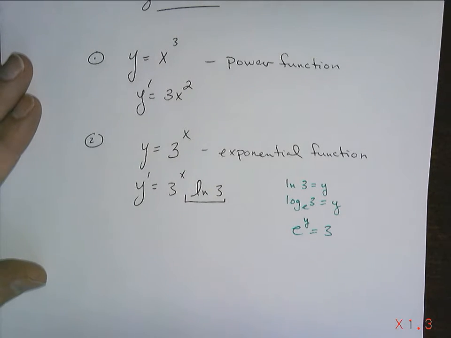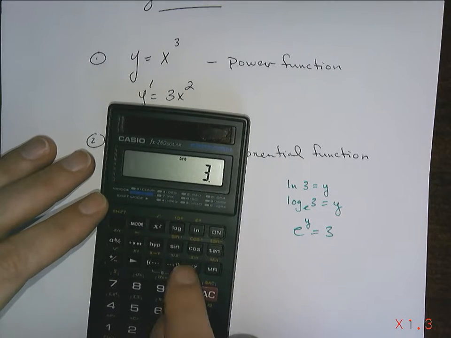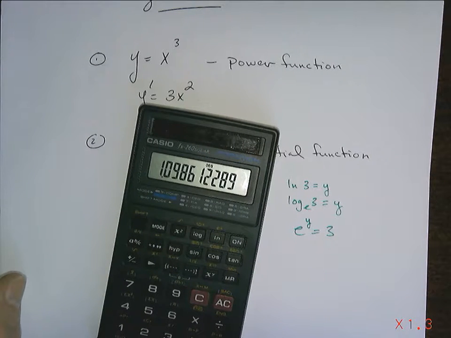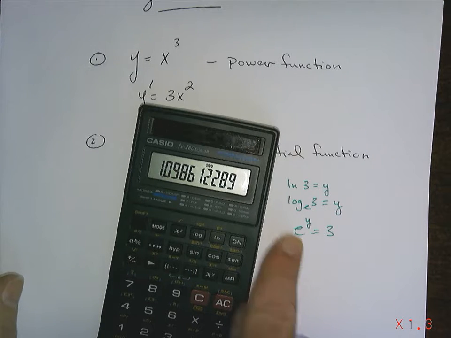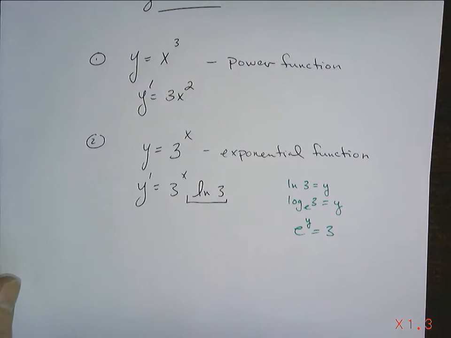It's a number. It's a decimal. We can even show that decimal on a calculator by taking 3, ln. So it's 1.09, and if I put that in as the exponent of 2.718, I'll get approximately 3. Okay, so let's be very, very clear on what that is. So that's a number. Anyway, good for us.